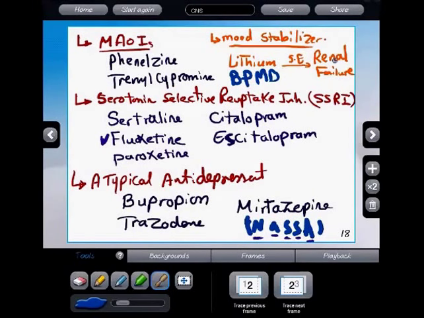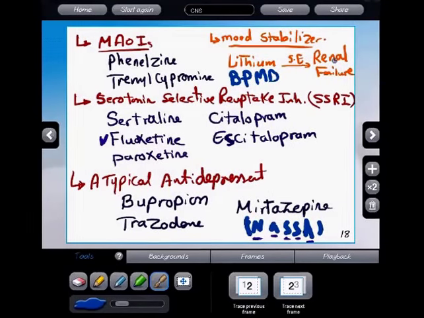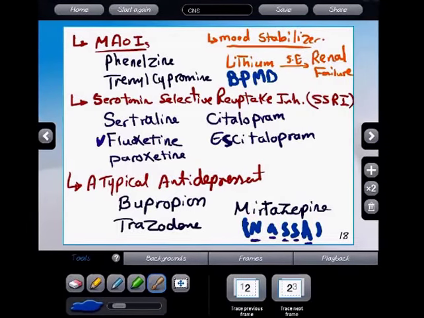So now we are adding another element, lithium, that can compete with sodium and potassium in the excretion, and that makes the renal tubule lose its major function, leading to renal failure at this moment.